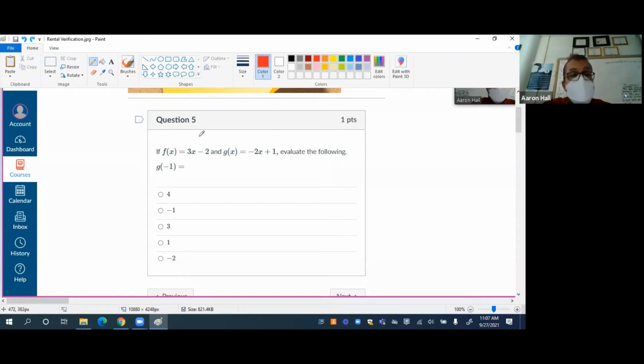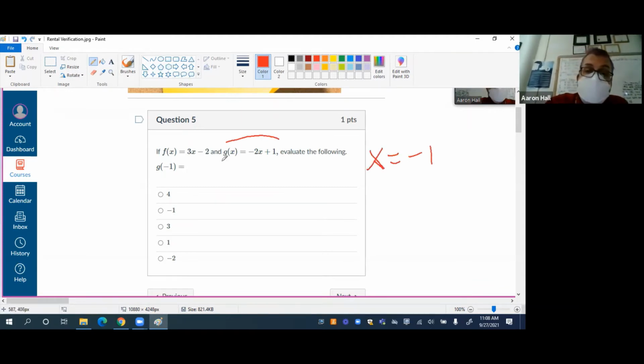If I'm trying to find g of -1, it tells me to use our g of x function. What is this -1? Do you see in parentheses, I have this x in here? And that x has been replaced with what? Implying that the x equals -1.